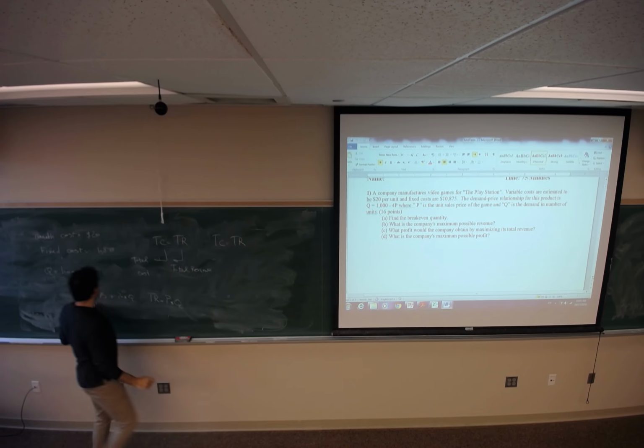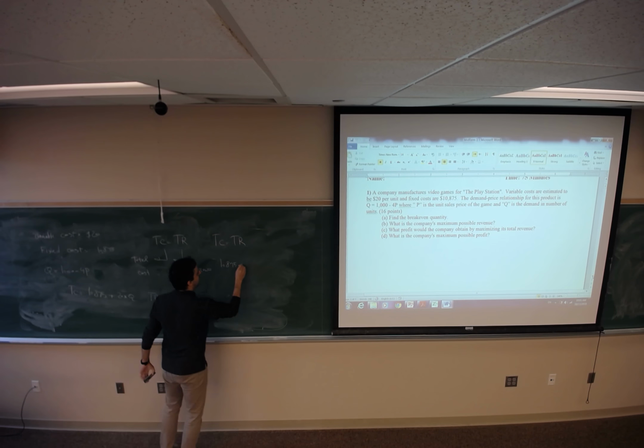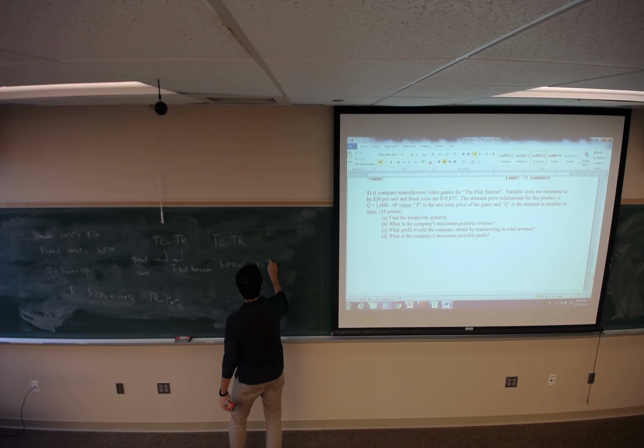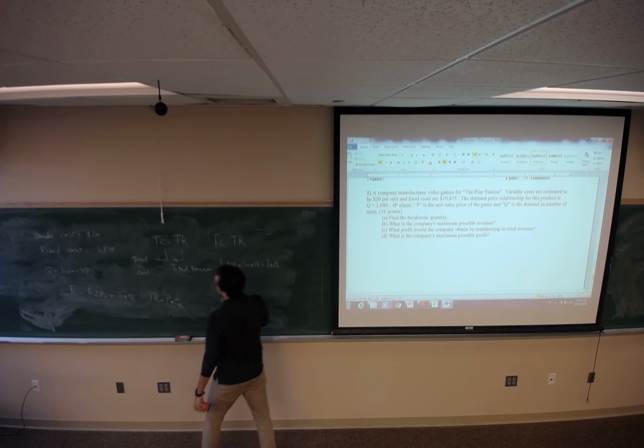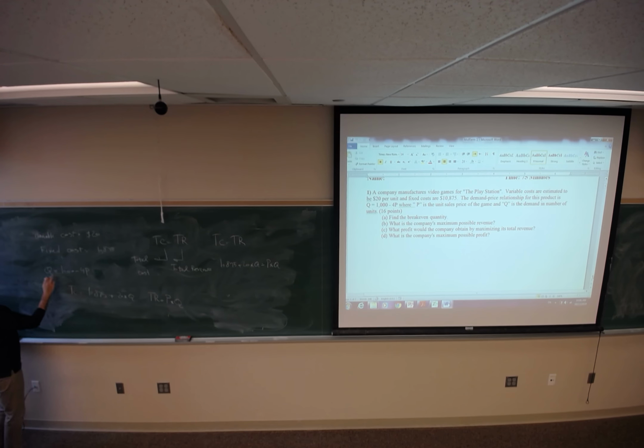Set these two equal to each other: 10,875 plus 20 times Q equals P times Q. Good? You can find P as a function of Q from this equation.